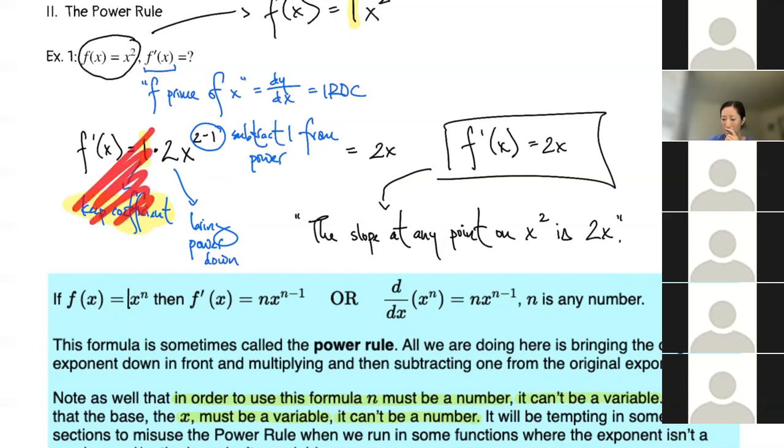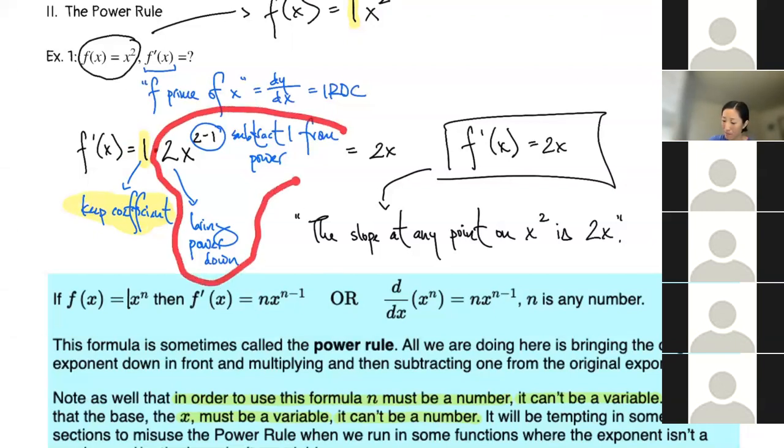Okay, if we sort of ignore this part for a little bit, are we okay with the bring a power down and subtract 1 from the power? Okay, so let's maybe ignore the yellow part for a little bit. Maybe that's too much, too early, too soon, okay? But the basic power rule is this part.